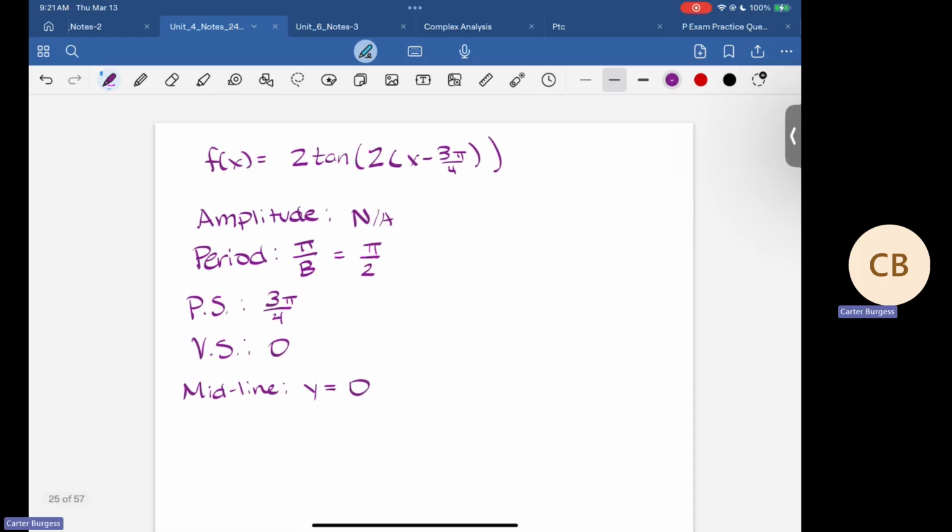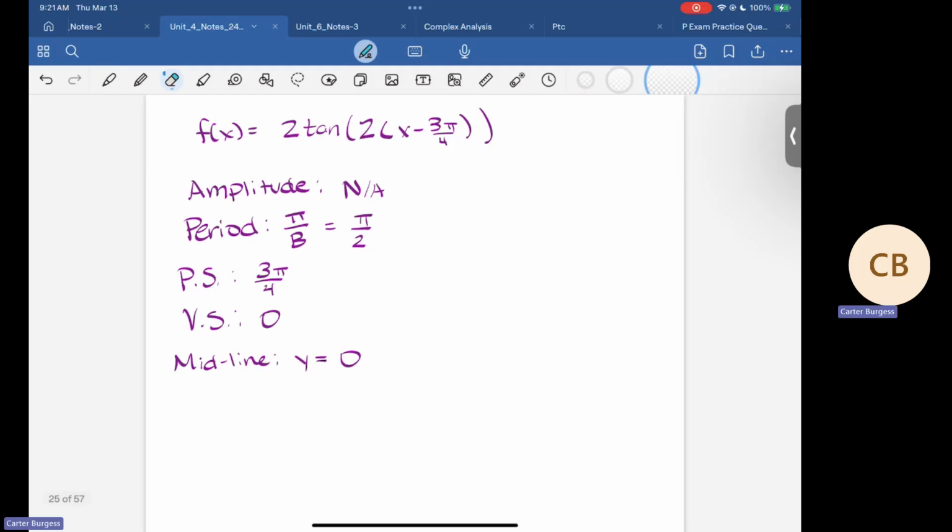So I do want to note, this 2 too does still do things, and we could incorporate that into our graph. Particularly, this would tell you what's going on halfway between midline and asymptote.